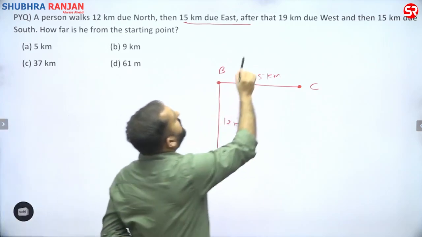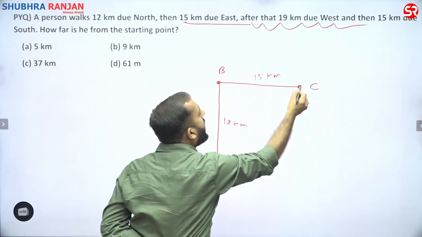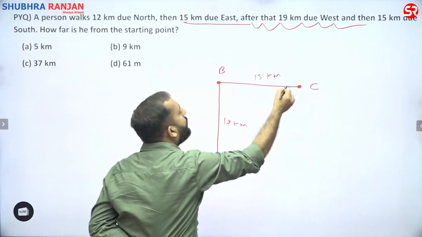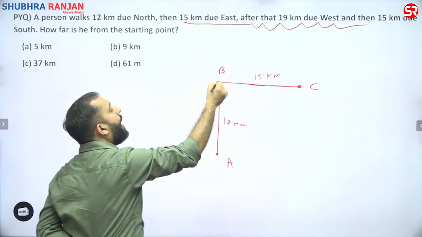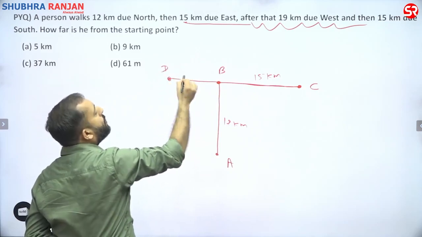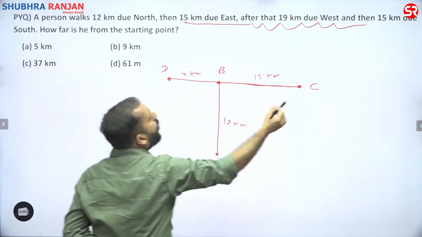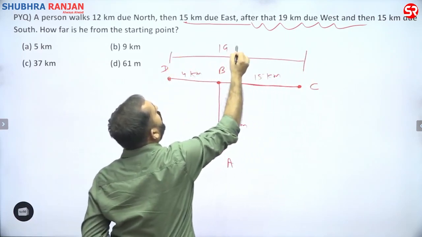And then after that, 19 km due west. From point C, if we go 15 km west, we reach point B, and 4 km more, we reach point D. So from C, point D is 19 km west.